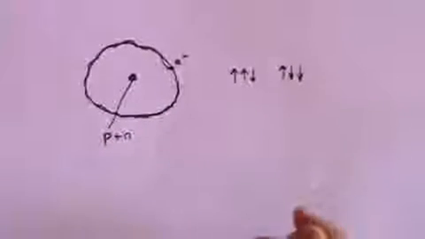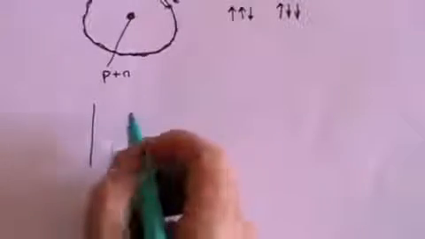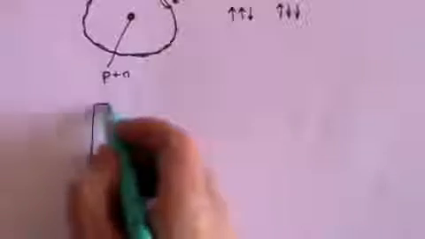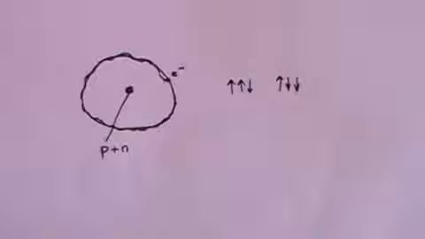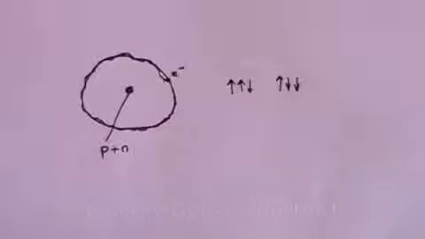Scientists have now compiled what is called the Standard Model, and I'll construct it for you. You don't need to know all of these things, but you do need to. Quarks were essentially discovered by a man called Murray Gell-Mann in 1961. He was the one who had the opportunity to name them.